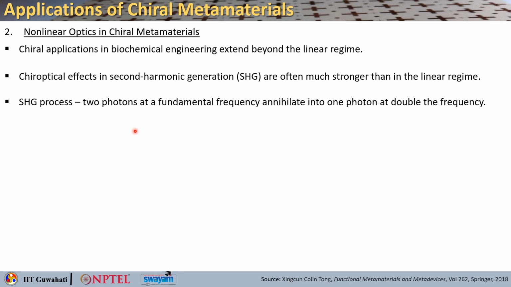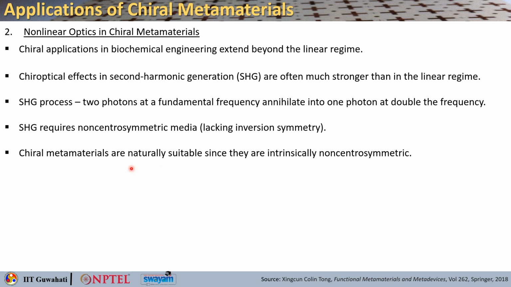Now, in the second harmonic generation process, two photons at the fundamental frequency annihilate into one photon with double the frequency. Second harmonic generation basically requires a non-centrosymmetric medium that lacks inversion symmetry, and chiral metamaterials are naturally suitable for this kind of application since they are intrinsically non-centrosymmetric.